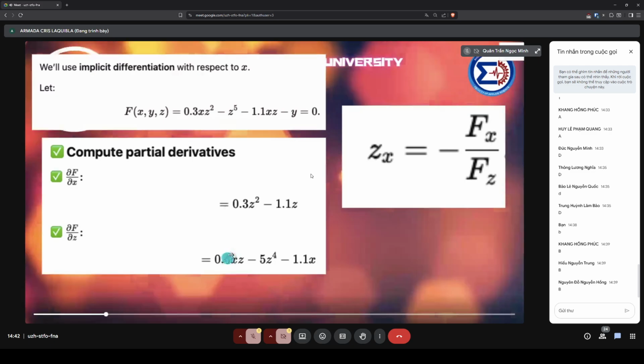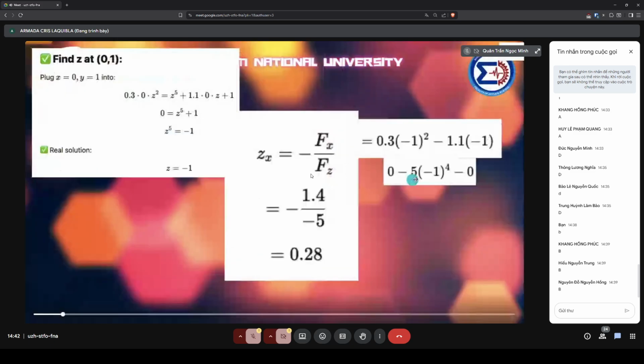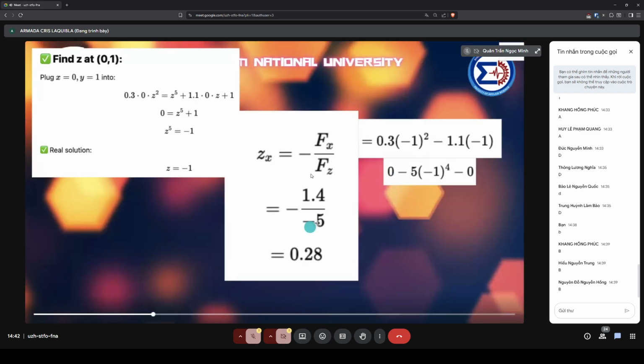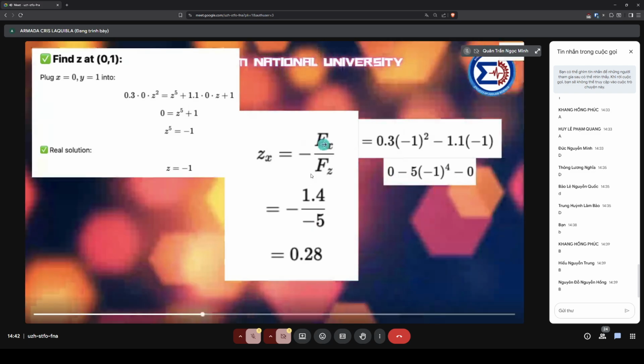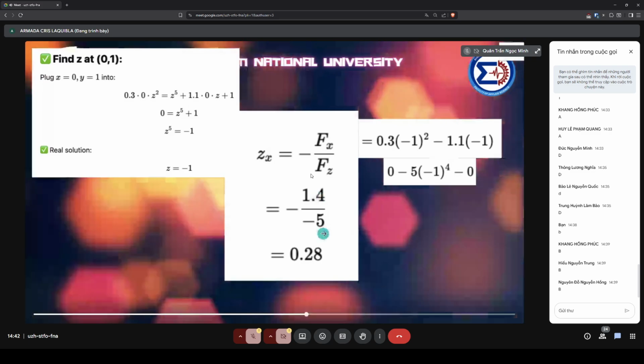And -5z to the fourth: your z becomes -1, so this one is +1 minus 5, so -5 in the denominator, with a negative in front. Your fx, if you calculate that, is 1.4. So -1.4 divided by -5 becomes positive, which is equal to 0.28.